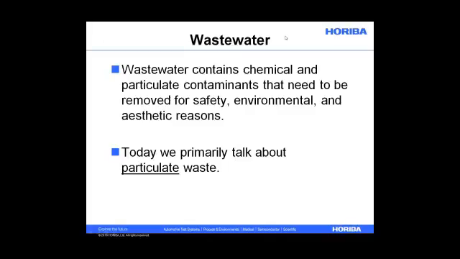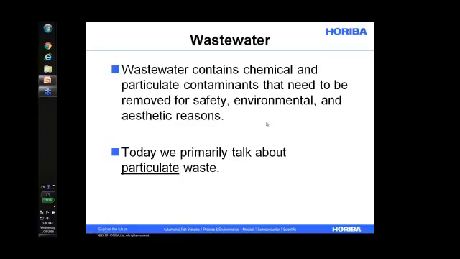So if you've heard me before, I've talked about Zeta Potential and formulation work. Here, we are working at the other end, where we're trying to take formulations apart, if you will. So you have wastewater that contains some sort of particulate contaminants that need to be removed for safety, environmental, or aesthetic reasons.